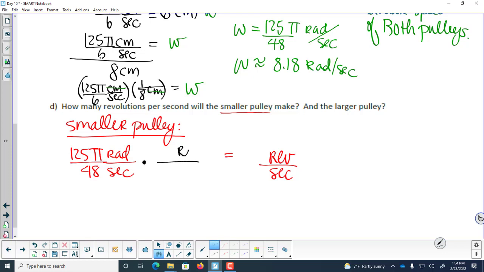I need revolutions on top. I need to get rid of radians. Here's where the radian thing might be helpful for canceling. So 1 revolution is 2 pi radians. So when you're going backwards, instead of multiplying by 2 pi, you are dividing by 2 pi.